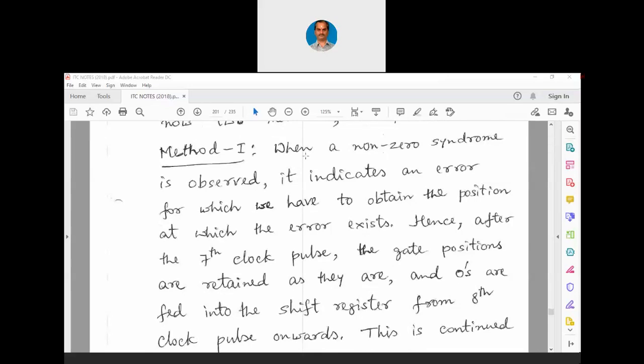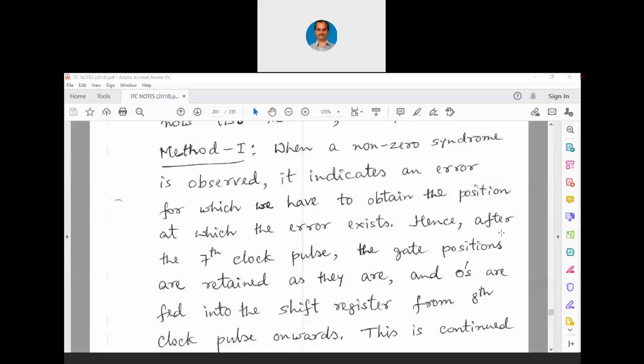When a non-zero syndrome is observed, it indicates an error for which we have to obtain the position at which the error exists. And so after the 7th clock pulse, the gate positions are retained as they are and zeros are fed into the shift register from the 8th clock pulse onwards. This is the first method.